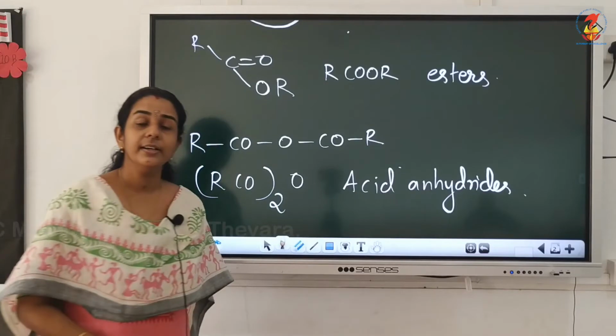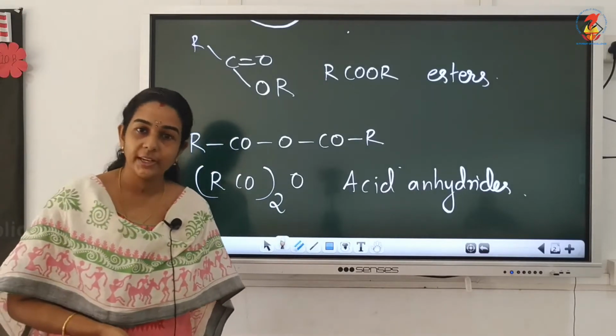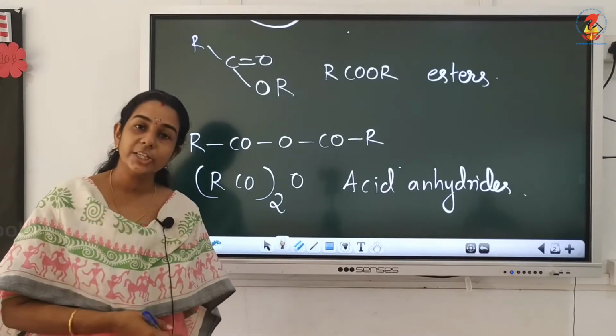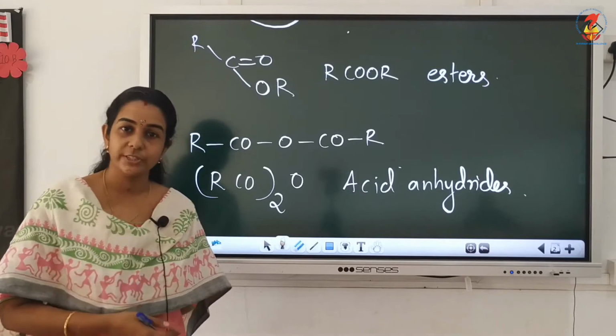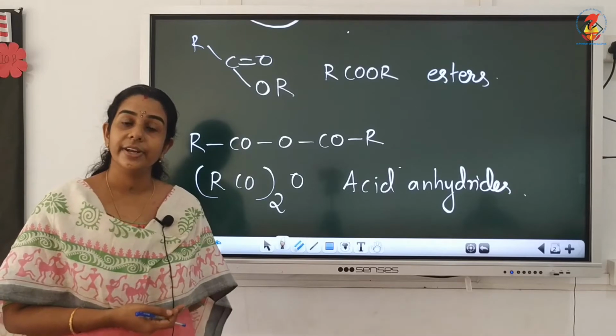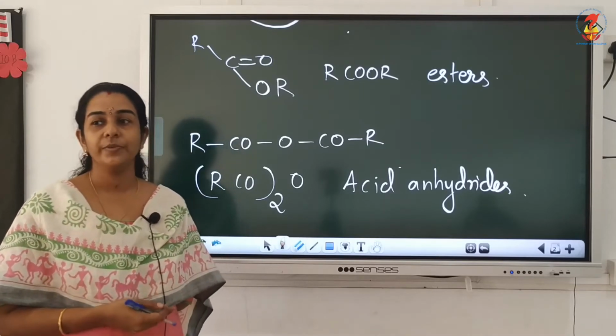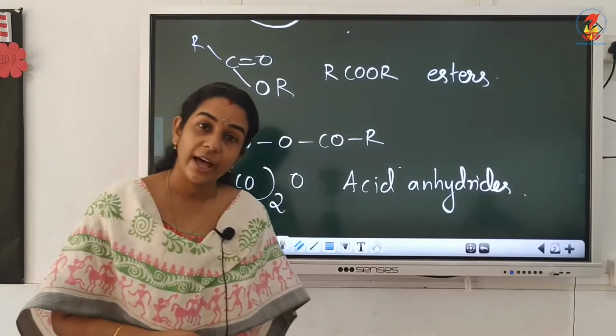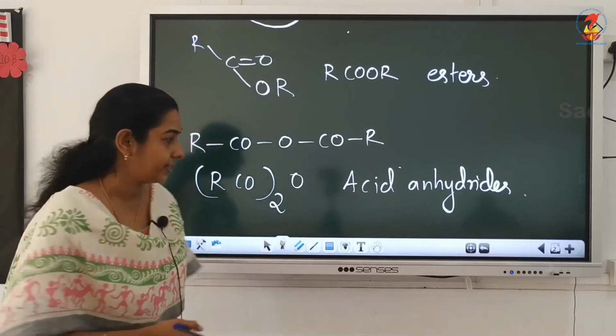So these are the common examples for carbonyl compounds: aldehydes, ketones, acids, esters, amides, acid chlorides, acid anhydrides, etc. Now we will see the nomenclature of aldehydes and ketones first.